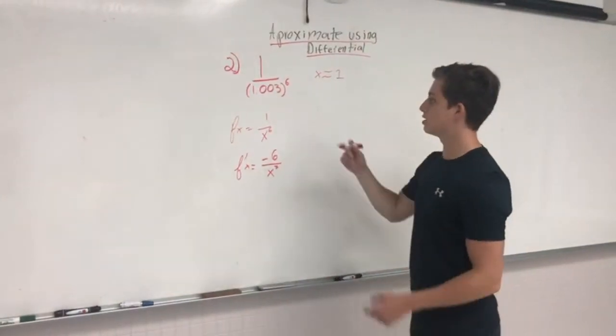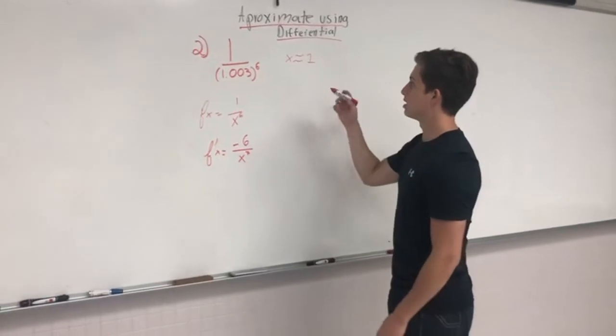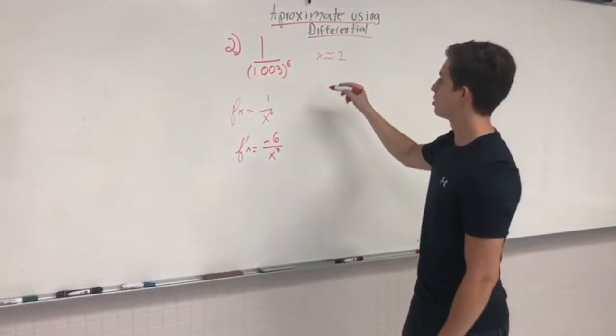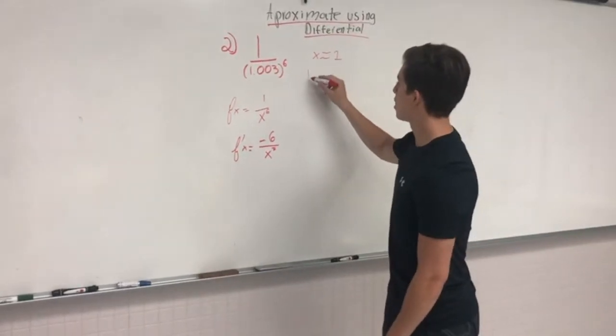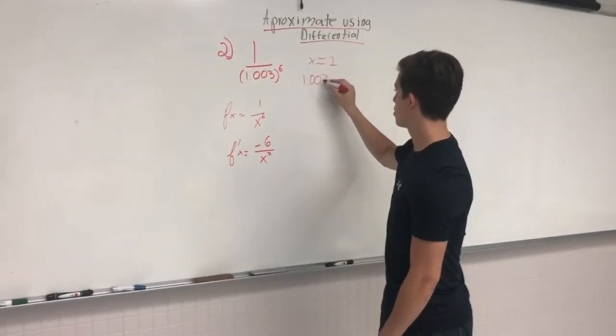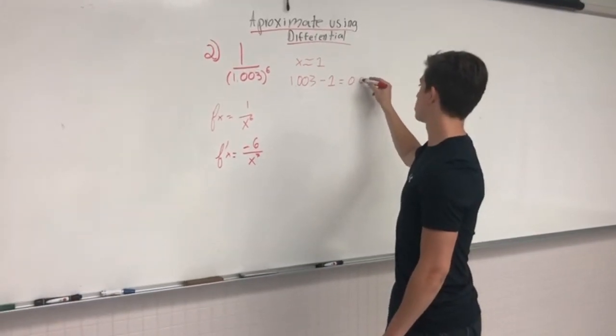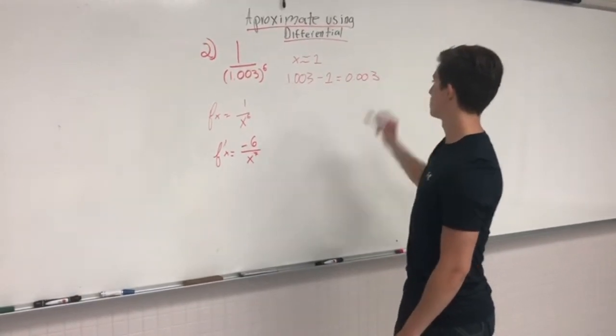And to find out the difference of the given value and the approximate, we do delta x, which is 1.003 minus 1, and we get 0.003.